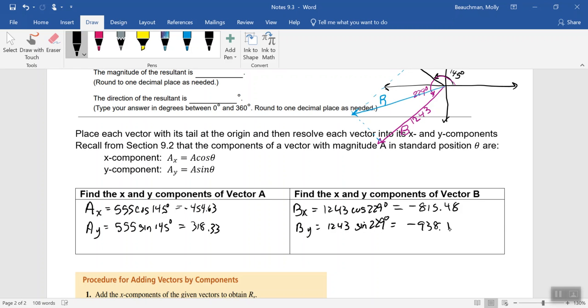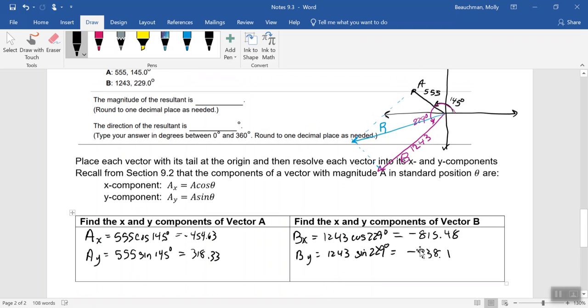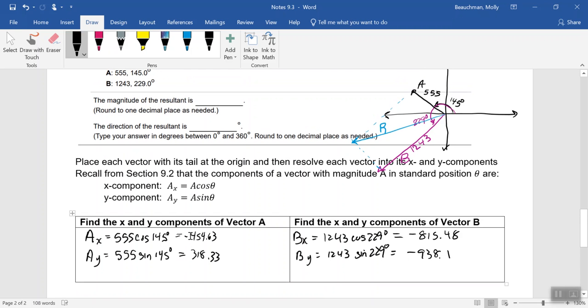And I'm rounding to 2 places because I want my answer rounded to 1. And notice these make sense. You have a negative x and a positive y. A lands in the second quadrant where the x coordinate is negative, y coordinate positive. The x and y components of B are both negative, and that makes sense because the vector is in the third quadrant, so your x and y coordinates are both negative.